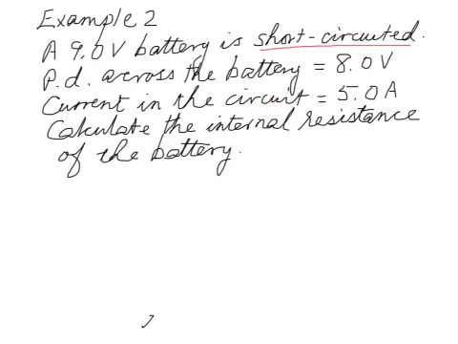You are to calculate the internal resistance of the battery. To give you a clue, because the battery is short-circuited, there is no external load or external resistor, so big R is 0. Now that should make it easy for you. You can solve it.